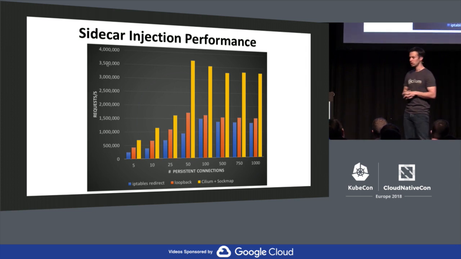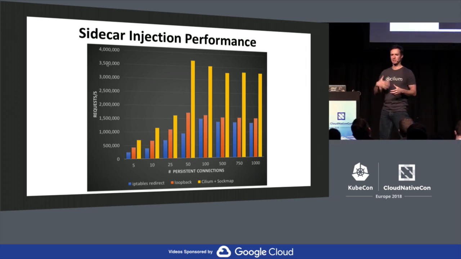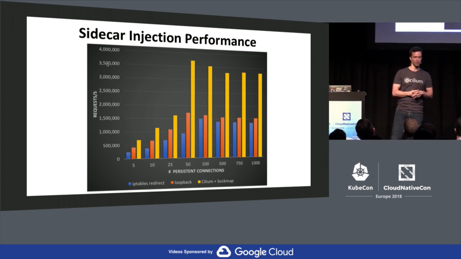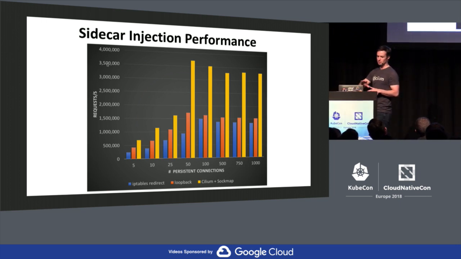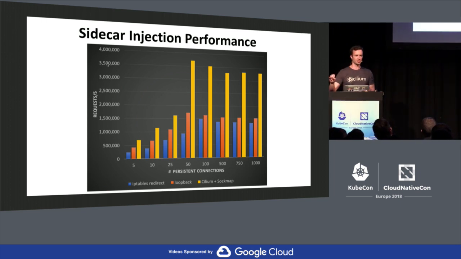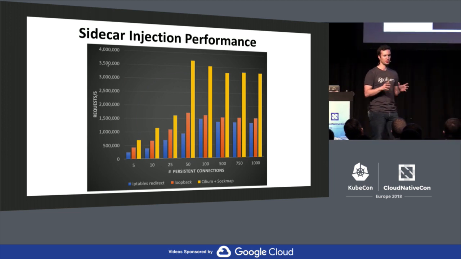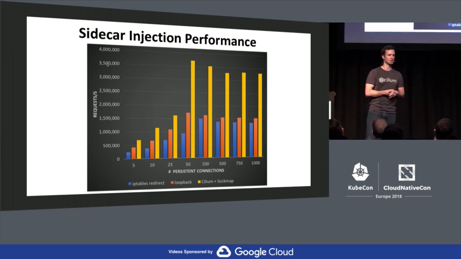Most networking libraries will maintain connection pools and will reuse the same TCP connection multiple times for new requests. So the X-axis is the number of persistent connections that we're using in parallel. In this measurement, we found out that we need about 50 parallel persistent connections to actually max out the machine.